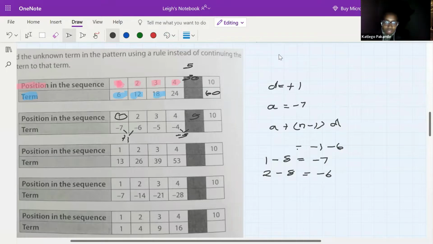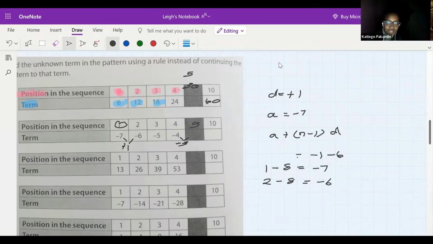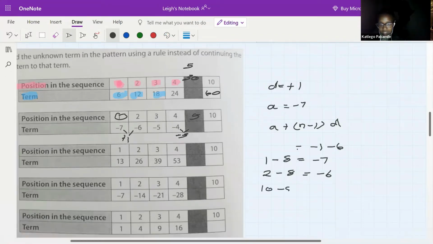Sarah, are you there? Okay, Tyler, can you tell us what number 10 is? Ma'am, for number 3 or 2? For number 2, we're still on number 2. Oh, ma'am, I said +2, because you say 10 minus 8, and that gives you 2.